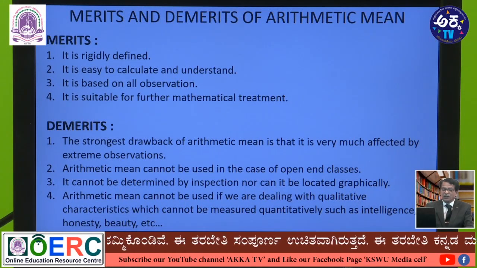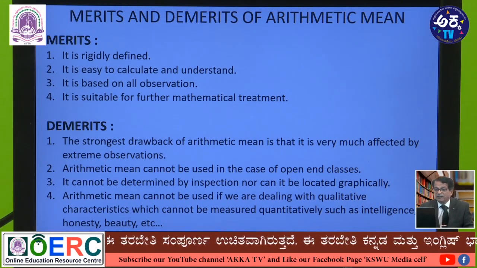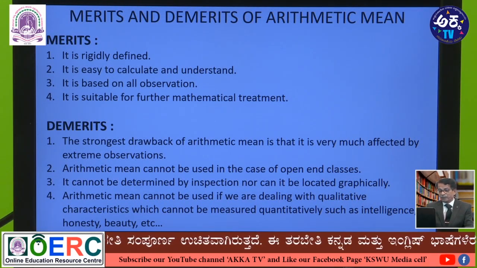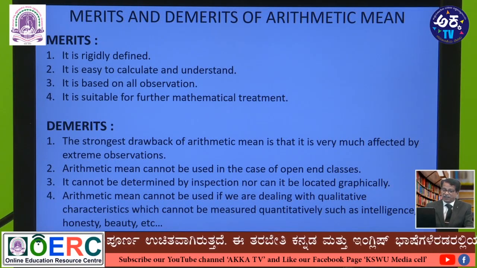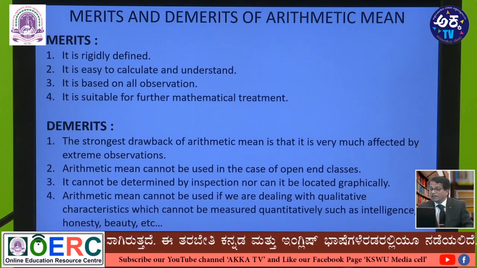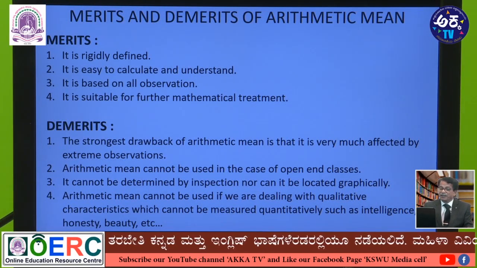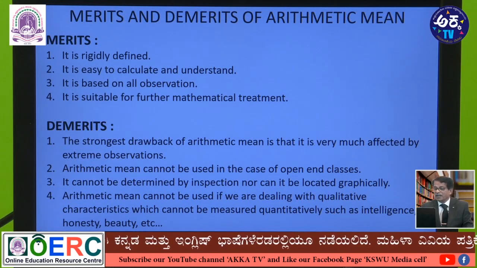As I told you, the metric scale could be a ratio scale or an interval scale. Therefore, arithmetic mean cannot be applied to data which are qualitative in nature. Only quantitative data can be used in order to calculate arithmetic mean.